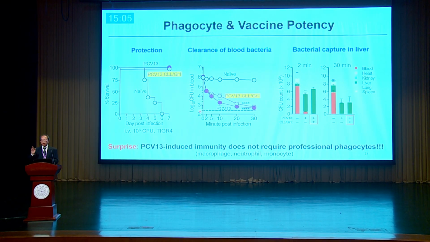Okay, so one wild experiment we did was to see if the effector cells are required for the protection, because that's what is in the textbook. So we did one experiment where we depleted all the macrophages with clodronate liposomes. With the Gr1 antibody, we depleted monocytes and neutrophils. And that's after immunization.